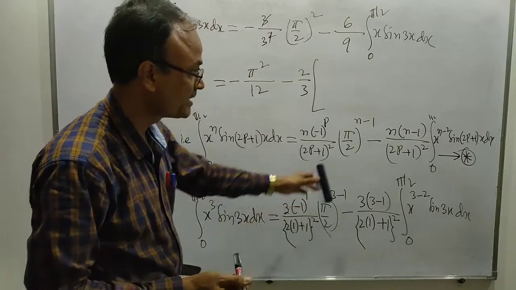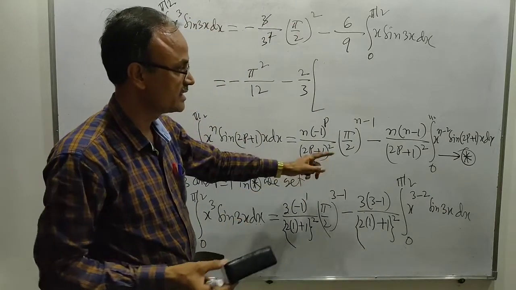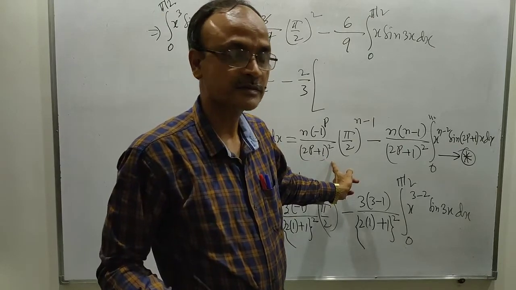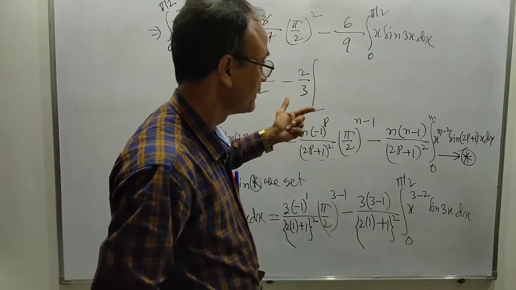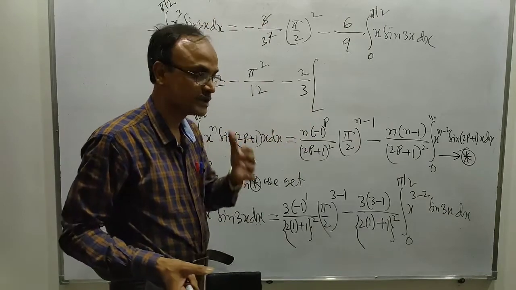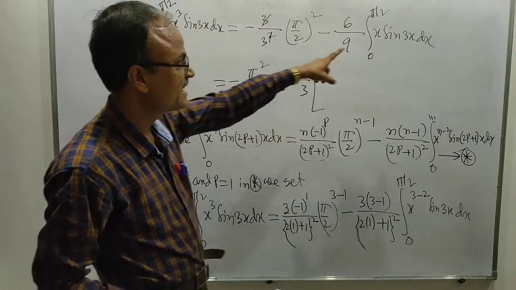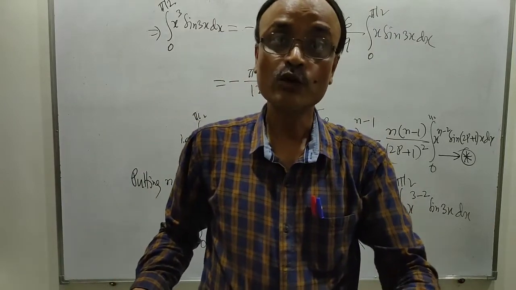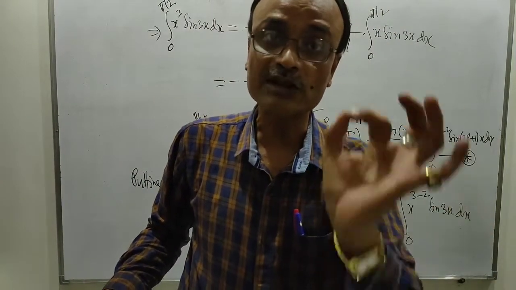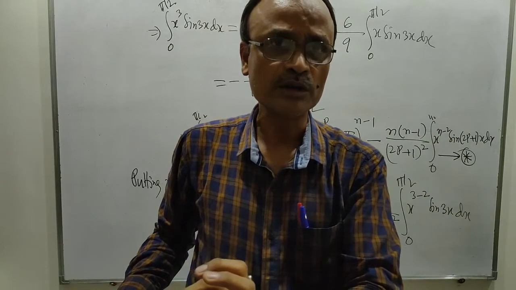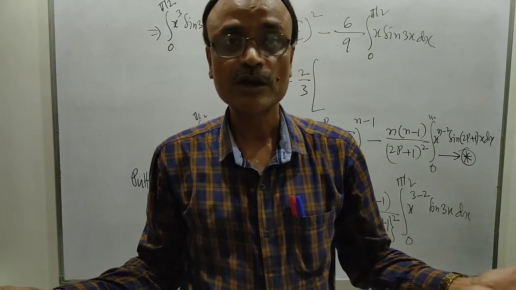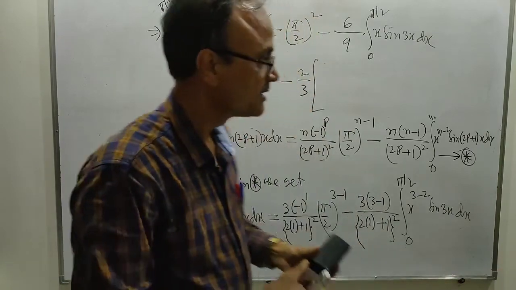Now you cannot apply this reduction formula here because n is a positive integer and here n is equal to 1. In the reduction formula, you get I_(n minus 2); if n is equal to 1, what will be I_(1 minus 2)?